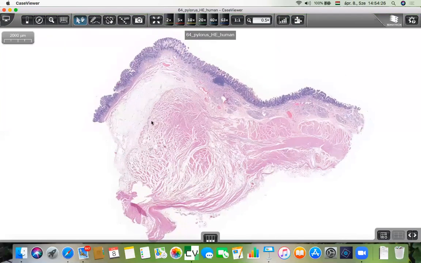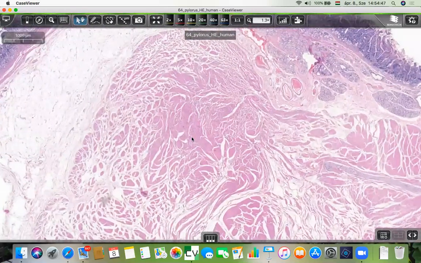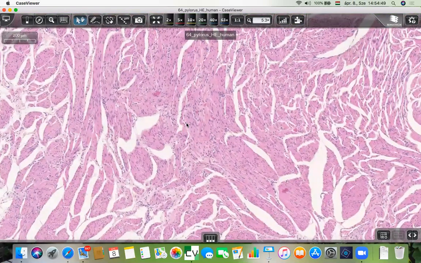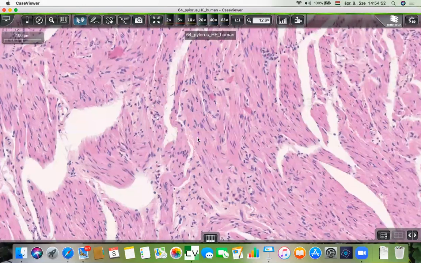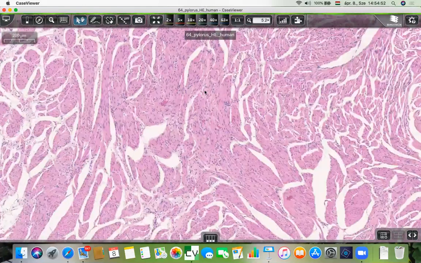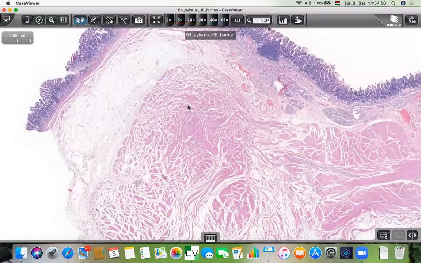This is the pylorus, which represents the transition between the typical surface of the stomach and the small intestine, and it's also formed by a huge, strong smooth muscle sphincter. Here we have the pyloric sphincter muscle, smooth muscle fibers in various directions. So this bulk is eventually the pyloric sphincter.